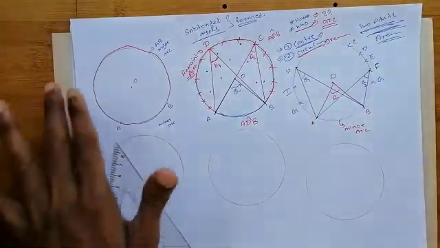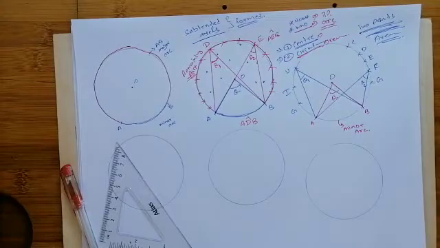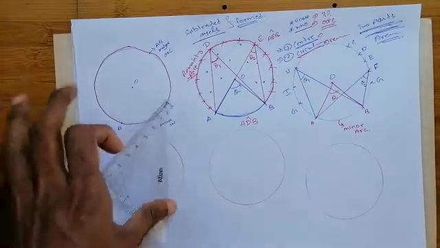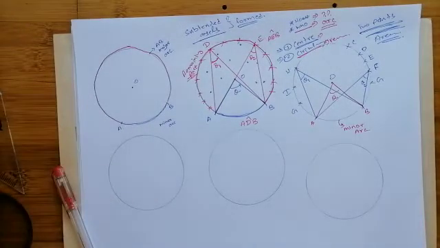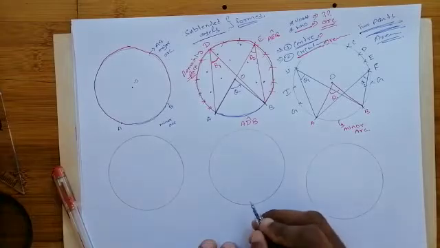Okay, we are going to study the theorems. We discuss in this figure how a minor arc can subtend an angle.